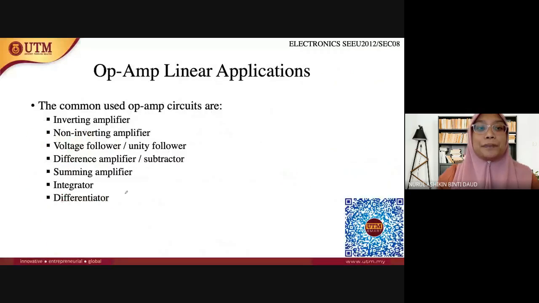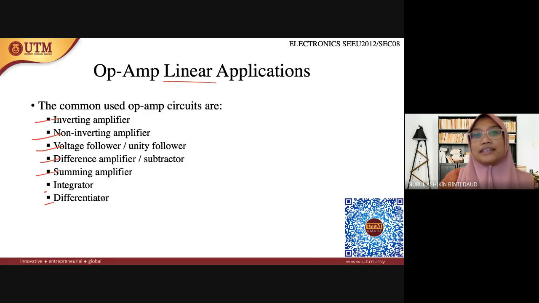So, op amp linear applications. An op amp for linear applications can be used as an inverting amplifier, non-inverting amplifier, voltage follower, difference amplifier, summing amplifier, integrator, and also differentiator.